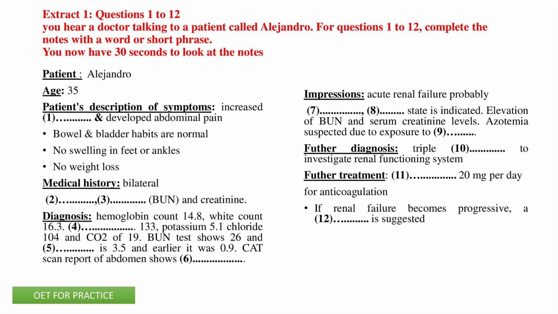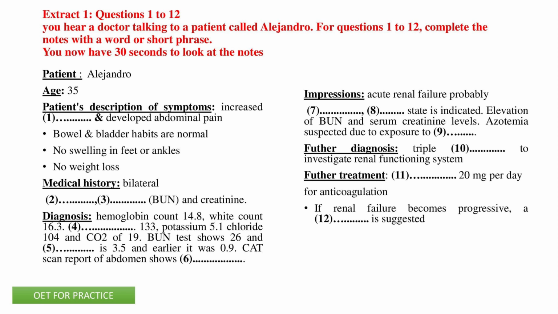No, doctor. Your blood pressure level is 130 on 170. There is no organomegaly and no peripheral edema. Your laboratory reports show hemoglobin count 14.8, white count 16.3, sodium level 133.